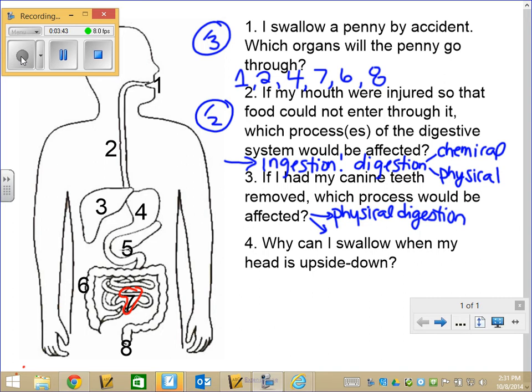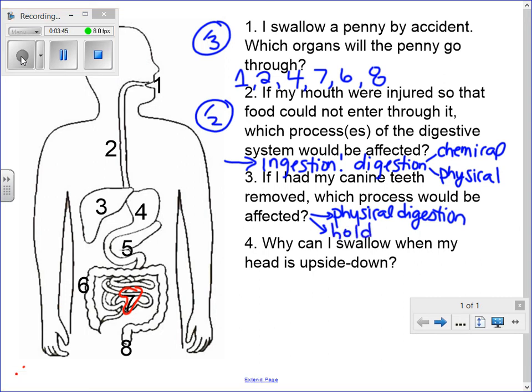And so if we wanted to be specific, it would be the idea of holding food in place. That's the specific function that canine teeth do that other teeth don't. But physical digestion is the general process that all of your teeth perform.